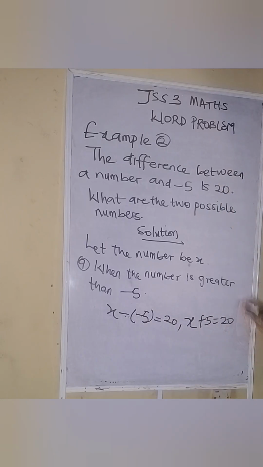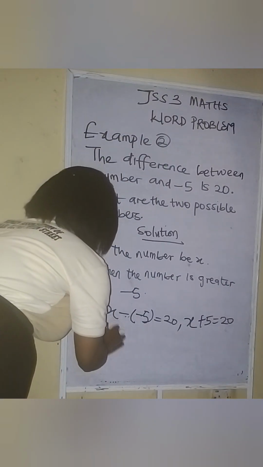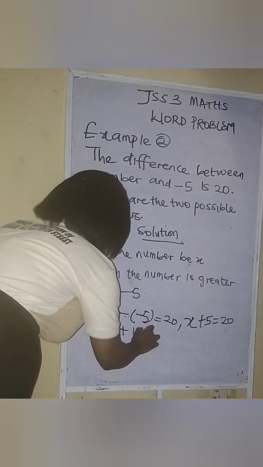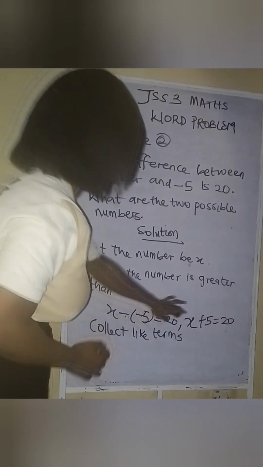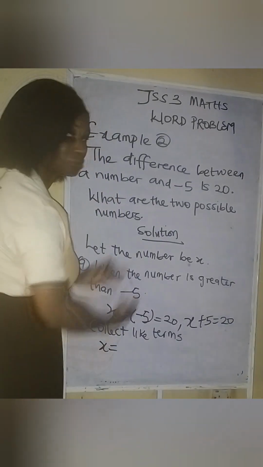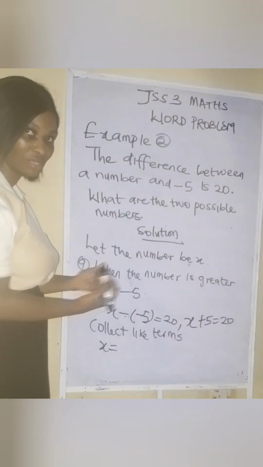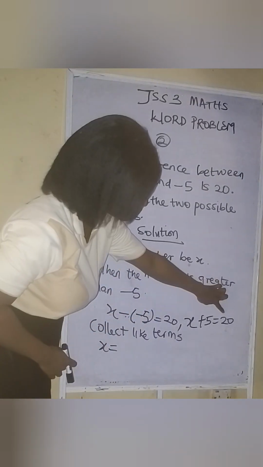Alright, so let's collect like terms. So x equals, all the numbers we'll move to the other side. Only the alphabet will stay on one side, numbers on the other side. So we have 20 here already.